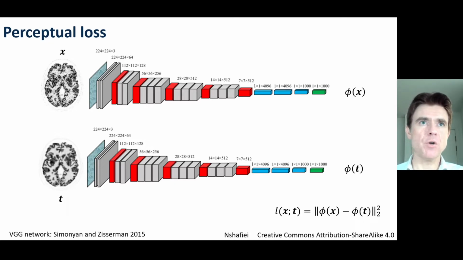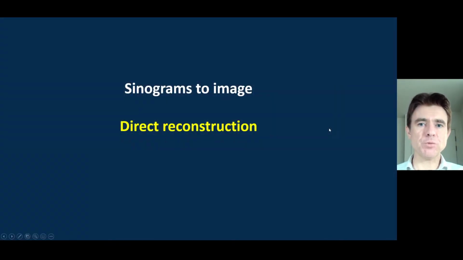That's where we get the idea of perceptual loss, which can often be used with mean square error to augment the loss function in deep learning for image reconstruction. So that's what I wanted to cover on CNNs, convolutional neural networks, and that's now setting us up nicely for moving towards direct deep learned reconstruction networks that can take us from sinograms to reconstructed images.